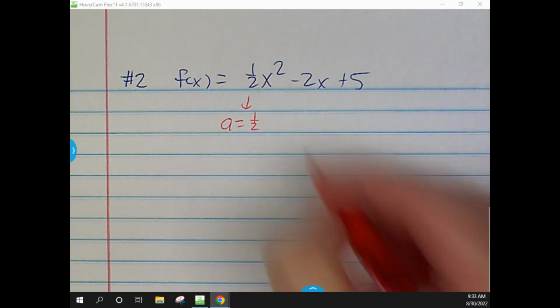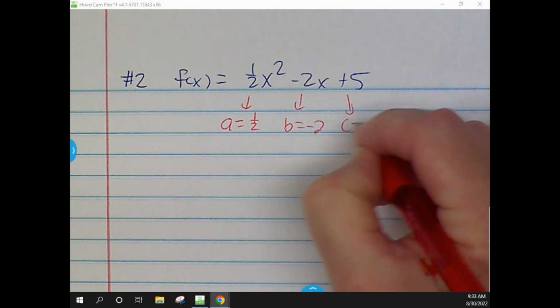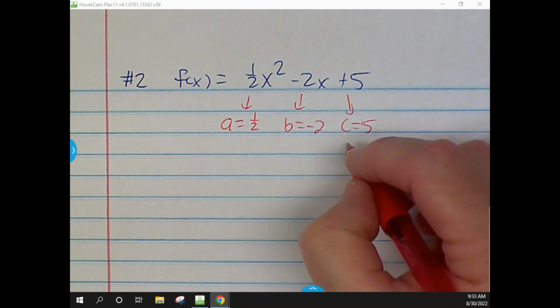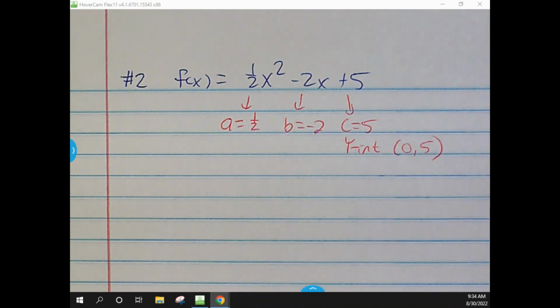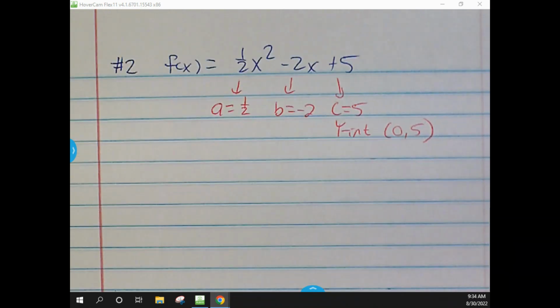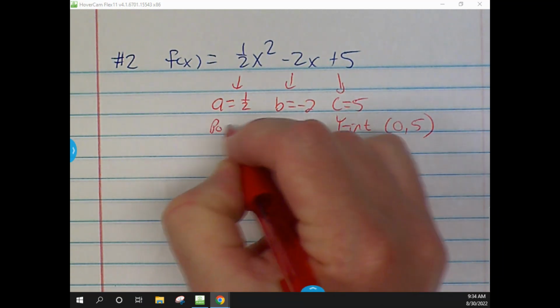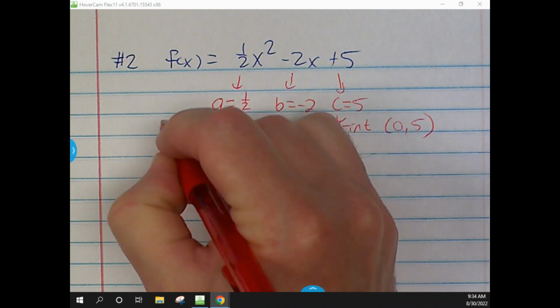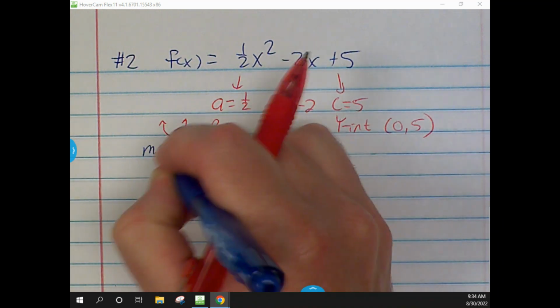So a is a half, b is -2, and c is 5. And again, we know that's the y-intercept. So right off the bat, without knowing anything, we've got 1 point on this graph. We know that the a value is positive, so the vertex is at the bottom, so we know it's got a minimum.